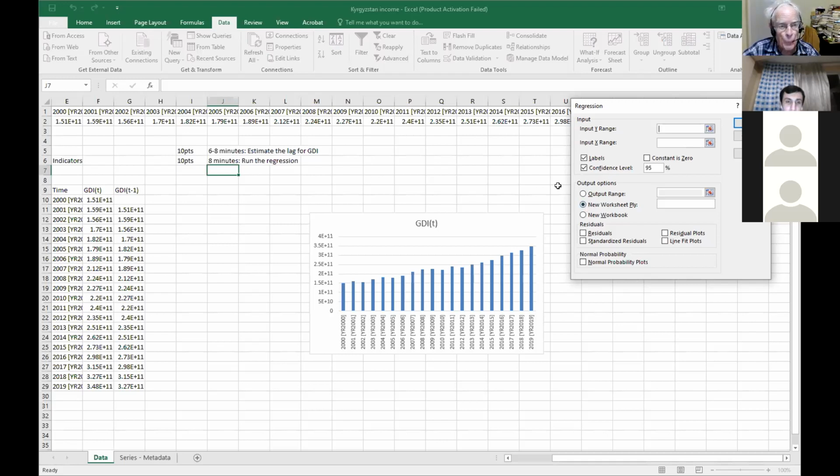Okay, so let's see. The input Y range is for the dependent variable, in this case from F10 to F29. And then the lag is the independent variable, from G11 to G29.